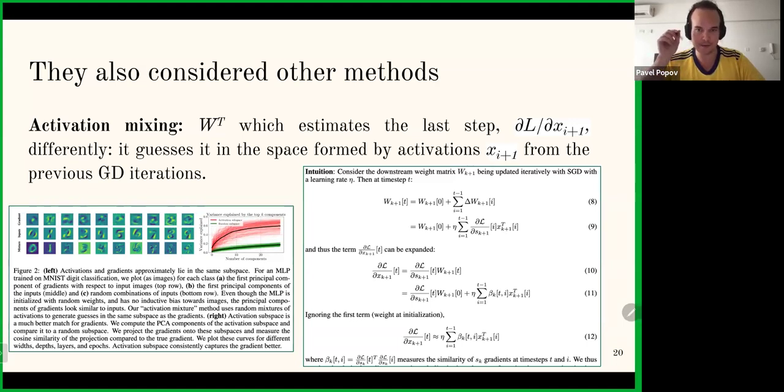Anyway, here they do it differently. They try to make assumptions on the activations from the next layer by putting those assumptions in a space which is formed by activations from the previous iterations.